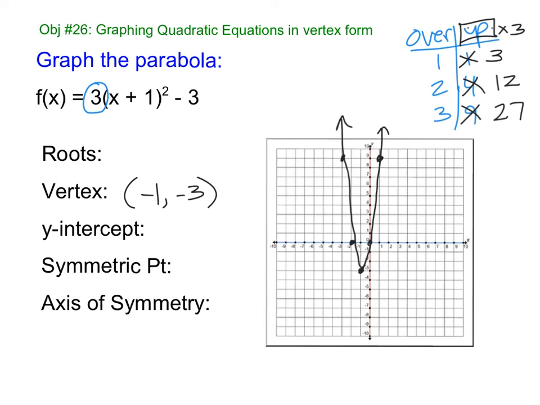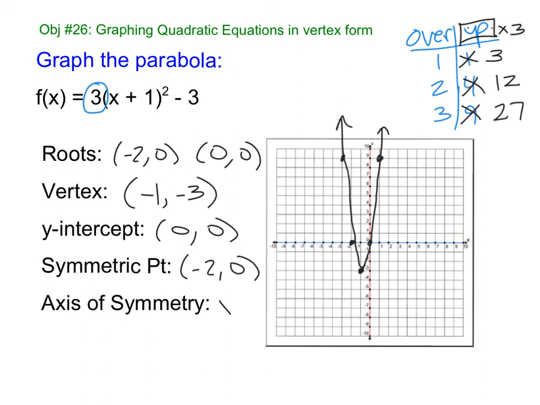Our roots are -2, 0 and 0, 0. My y-intercept is 0, 0. Symmetric point was -2, 0. The axis of symmetry is x equals -1. So the only difference here is it changes the up. We multiply the up by whatever number is in front of the parentheses.